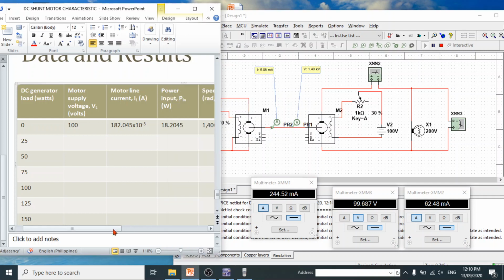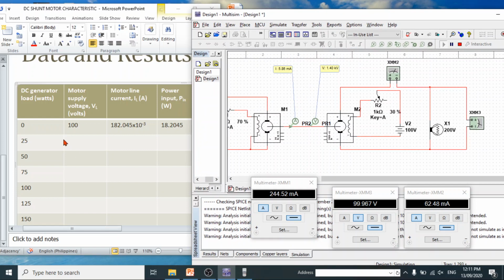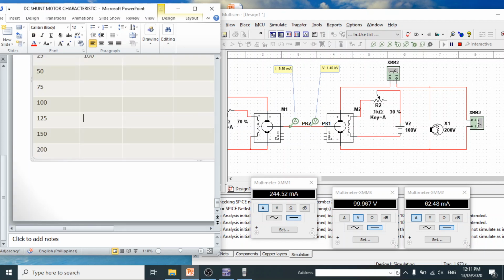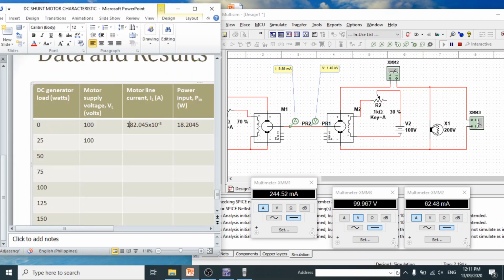Okay, so we'll try to record again the following. The motor voltage is set to be 100, constant along the way. But the current, as you look at, when the generator is now delivering load, the motor starts to draw bigger current as compared to the previous current, which is 182.